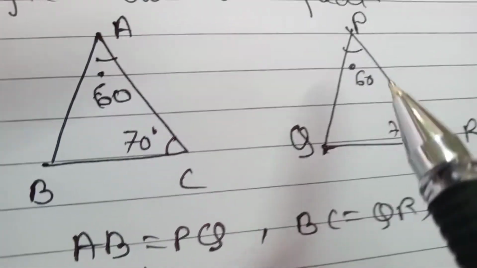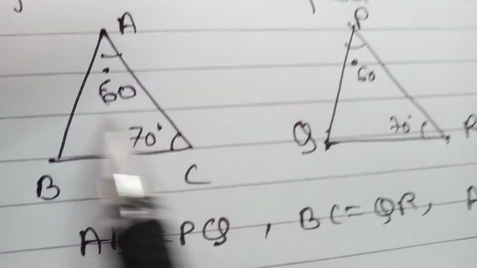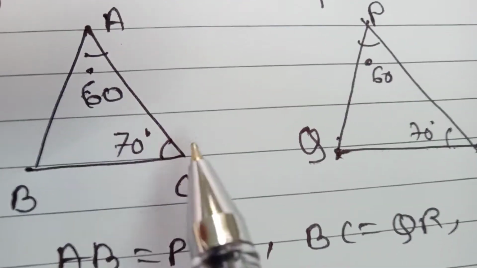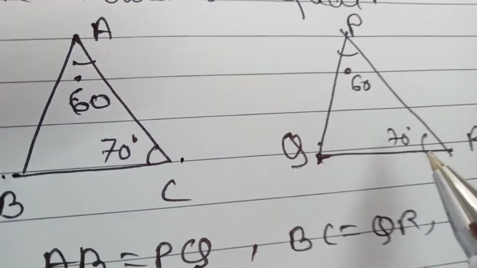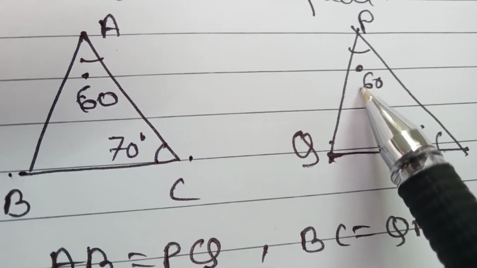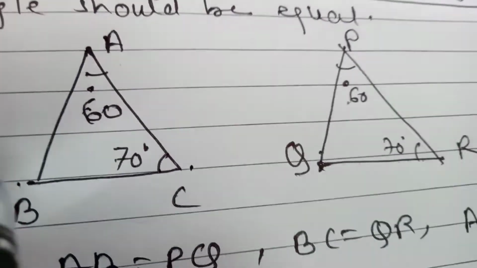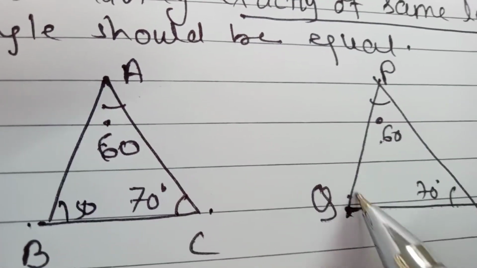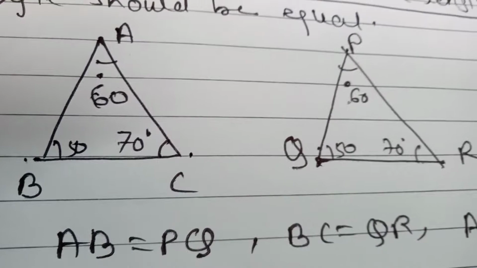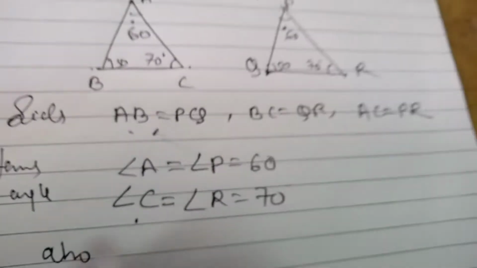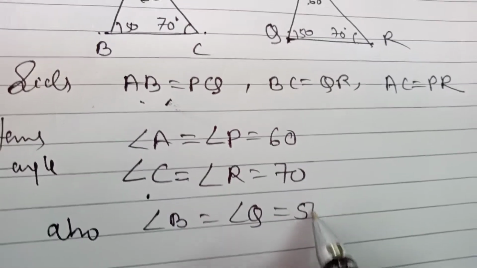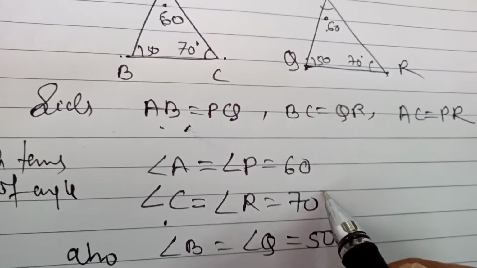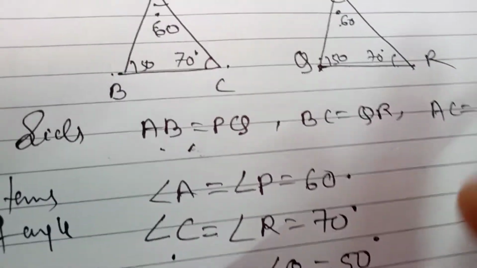Similarly B and Q should also be equal, because if I subtract the sum, 130, from 180, I will get 50 here. The same thing for the other triangle, I will get 50. So angle B is equal to angle Q, which is 50. So this is our basic concept.